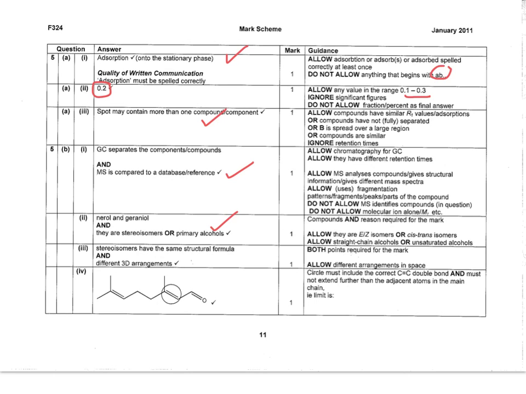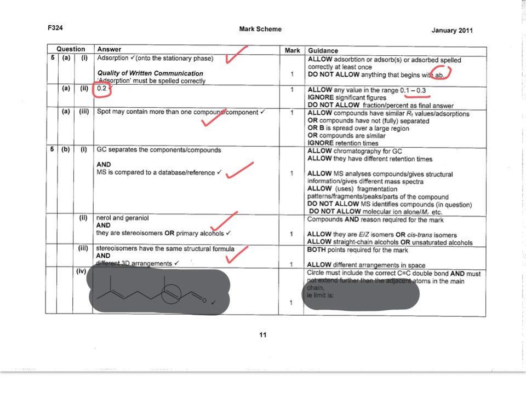We also said that stereoisomers have the same structural formula and different arrangements in space. We didn't do the part on chirality. I left that one out because this particular video clip is not about chirality, but the question went on to talk about chirality. So I left that one out on purpose.